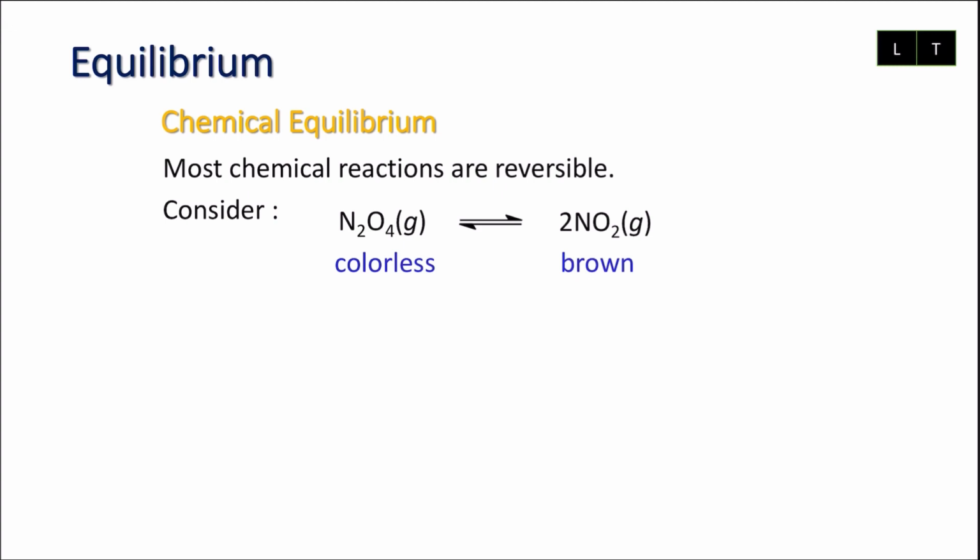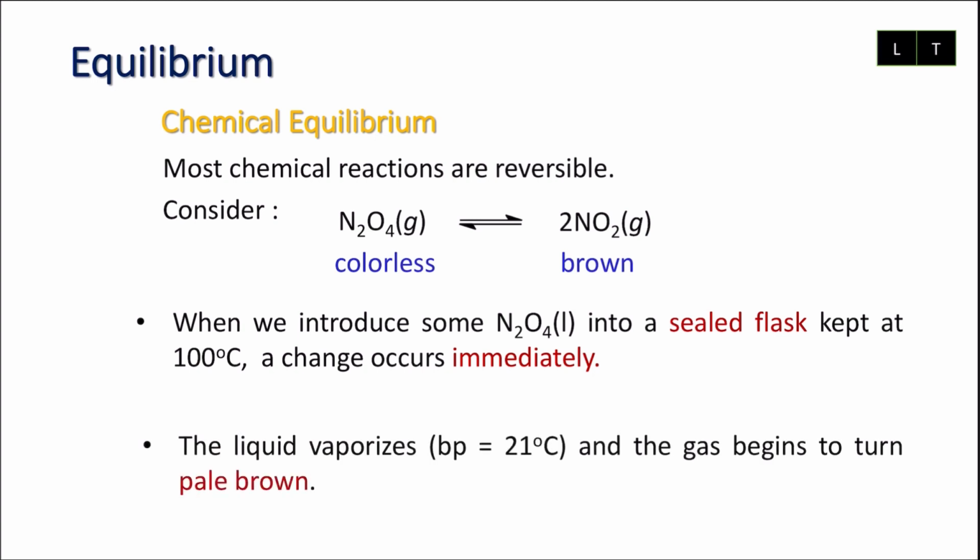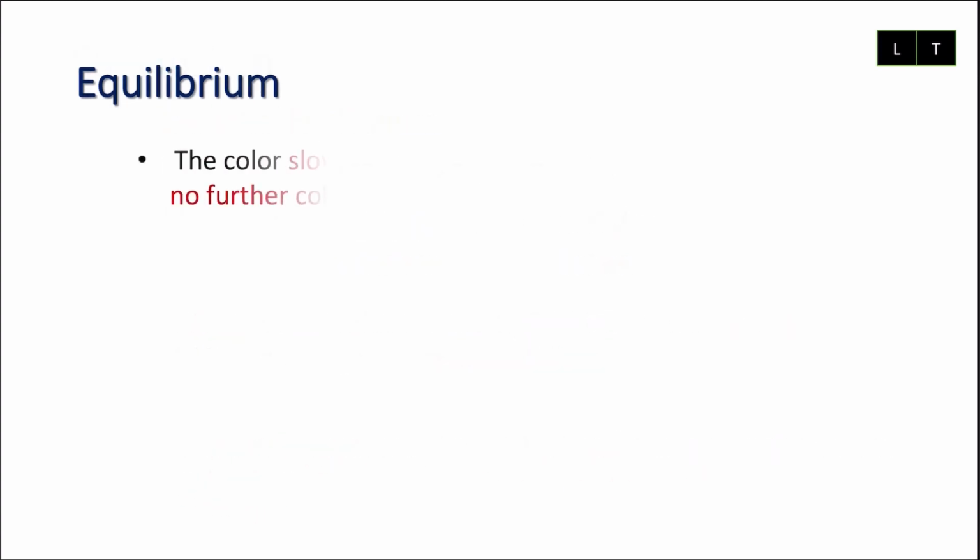When we introduce some N2O4 dalam bentuk phase liquid into a sealed flask, maknanya kontainer yang bertutup with temperature 100 degree Celsius, satu perubahan akan berlaku immediately, di mana liquid N2O4 akan vaporize menjadi gas, dan gas inilah yang memberikan warna pale brown. Seterusnya, what happened?